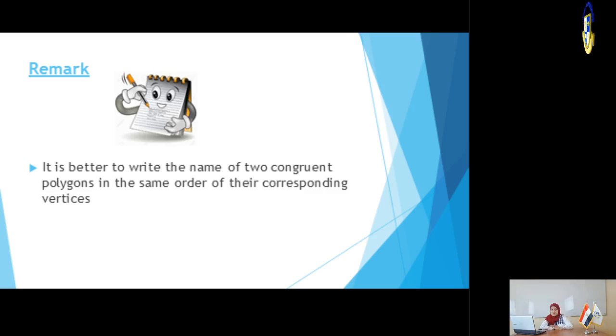When we write two congruent polygons, we must name the two polygons in the same order of their corresponding vertices. If we say triangle ABC is congruent to triangle XYZ, that means A corresponds to X, B corresponds to Y, C corresponds to Z. Let's move to slide number 6.